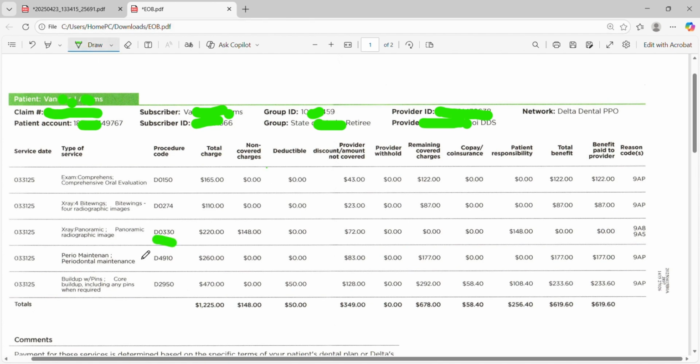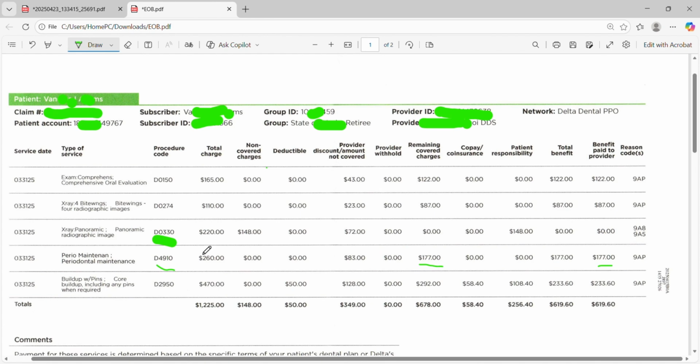Alright, so for 4910, this is usually, clinically, under periodontics, and usually covered 80%. But coverage-wise, if you can see, insurance paid the full contracted amount from the total allowed amount, which means the PMT for this plan is under preventive, which is 100%.